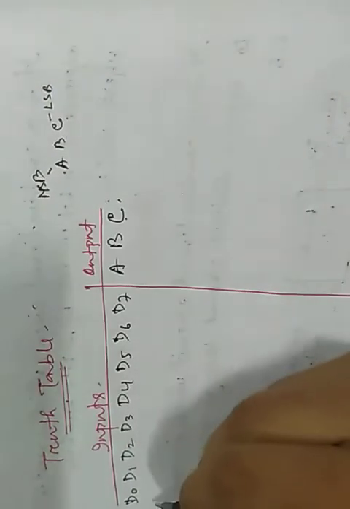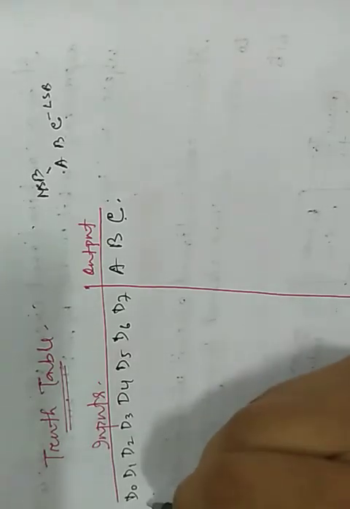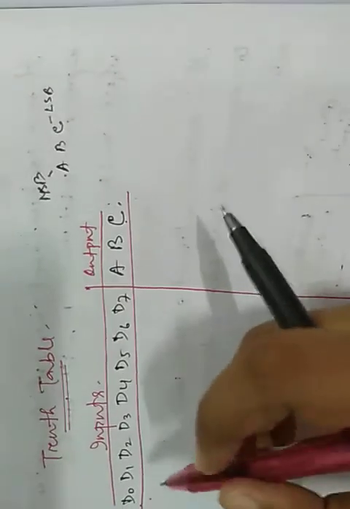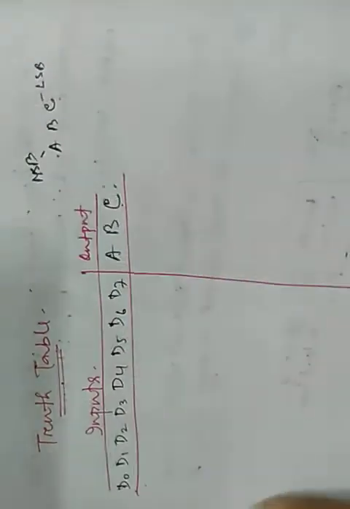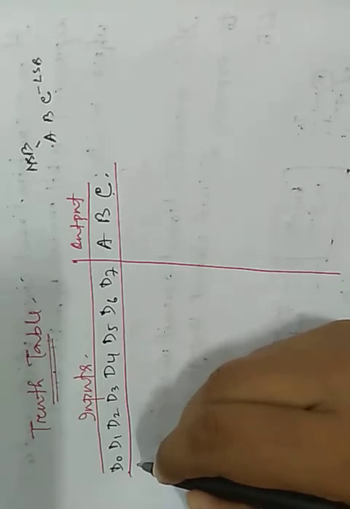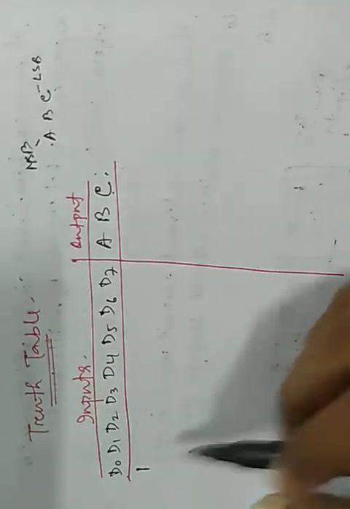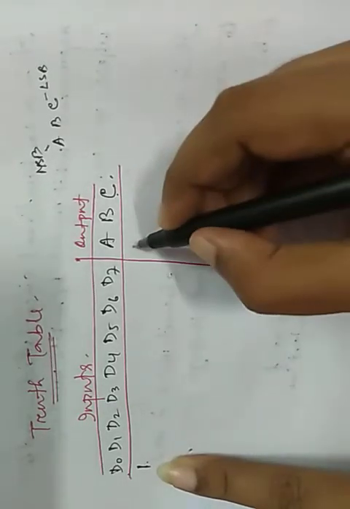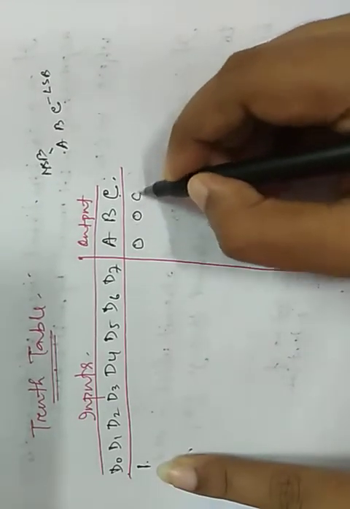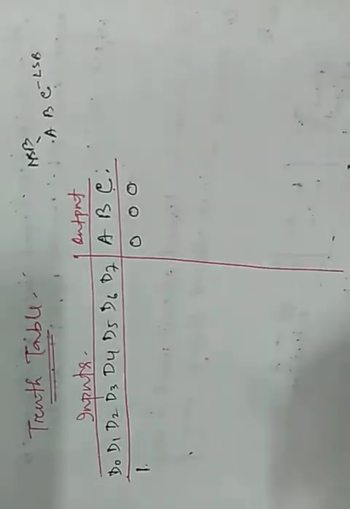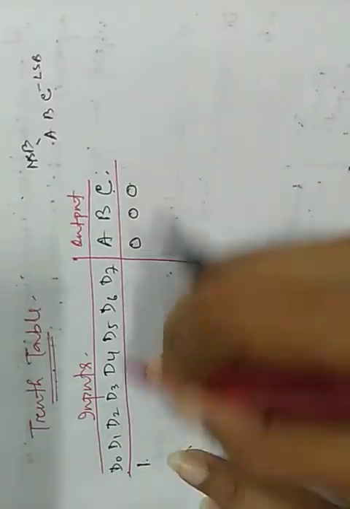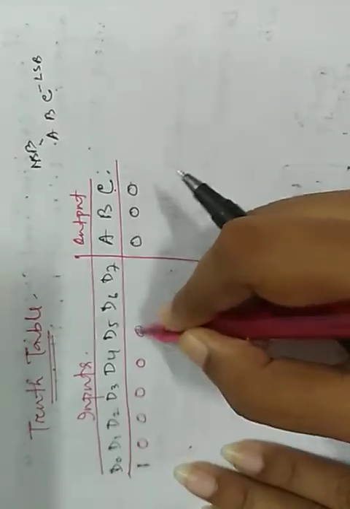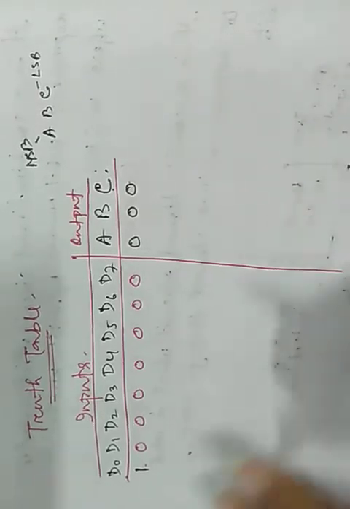Okay, now in our truth table, just follow it very carefully. Whenever D0 is 1, that means whenever D0 is selected, the first value, then the ABC value will be 0, 0, 0. Okay, and all other values of the input lines will be 0. Clear?